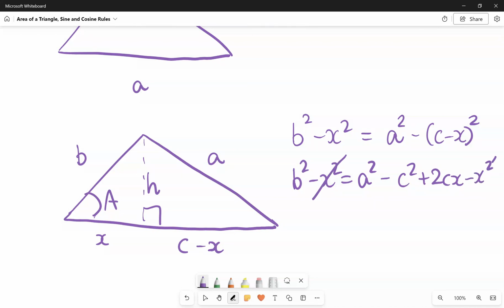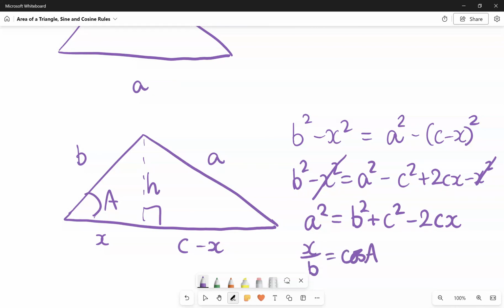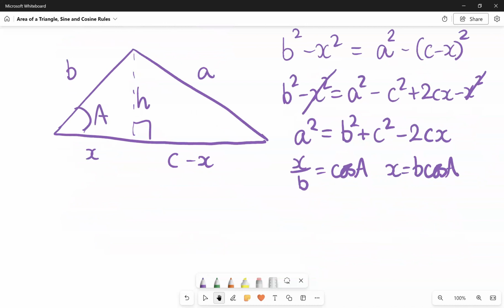We can cancel out x squared from both sides, and so we get a squared is b squared plus c squared minus 2cx. Now we just need to find out what x is. Well, we know x over b, that hypotenuse, equals cosine of A. So x equals b cosine A. Putting this in, we get that a squared is b squared plus c squared minus 2bc cosine A. And now we have the cosine rule.